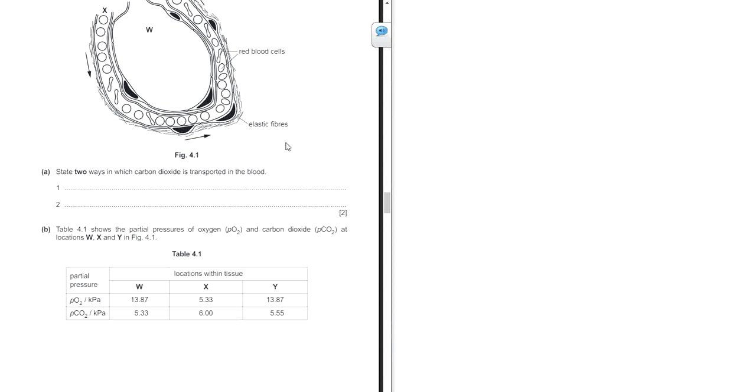There are in total 3 major ways in which carbon dioxide is transported in the blood. The first method, which carries most of the carbon dioxide, I think around 70%, is in the form of hydrogen carbonate ions, the ions of the carbonic acid, also called bicarbonate ions.